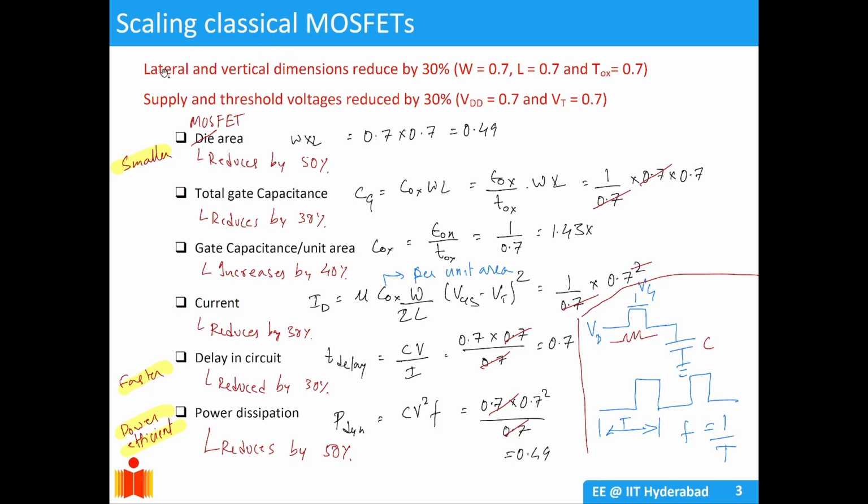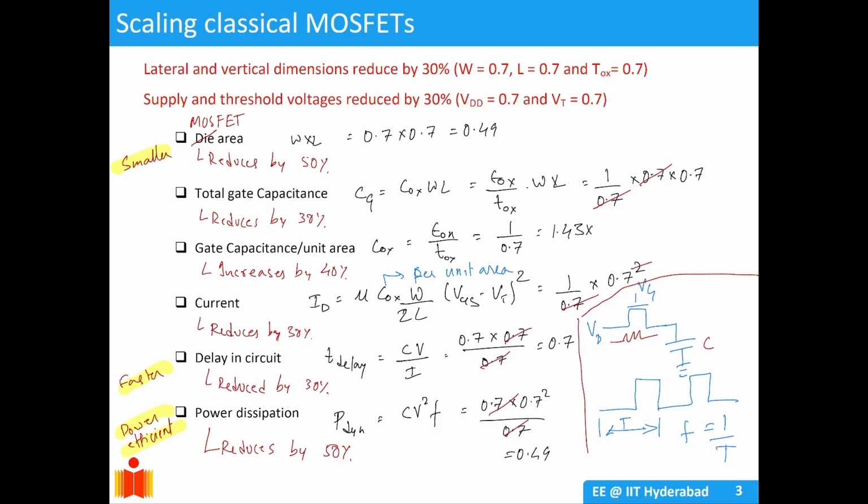Scaling classical MOSFETs: lateral and vertical dimensions are reduced by 30%. W equals 0.7, L equals 0.7, and Tox equals 0.7. Supply and threshold voltage are reduced by 30%. VDD is equal to 0.7 and VTH is equal to 0.7. If we do that, the MOSFET area, given by W times L, is 0.49.